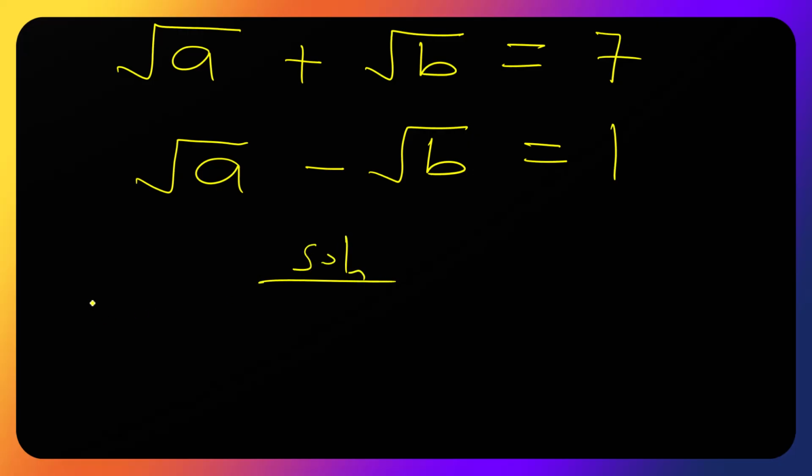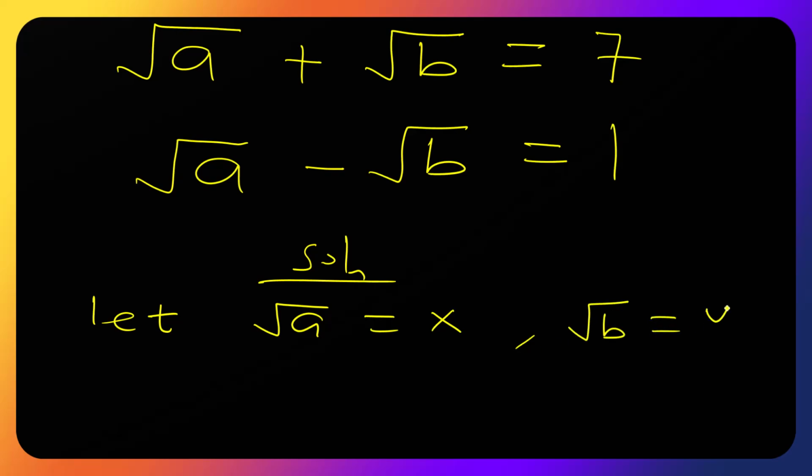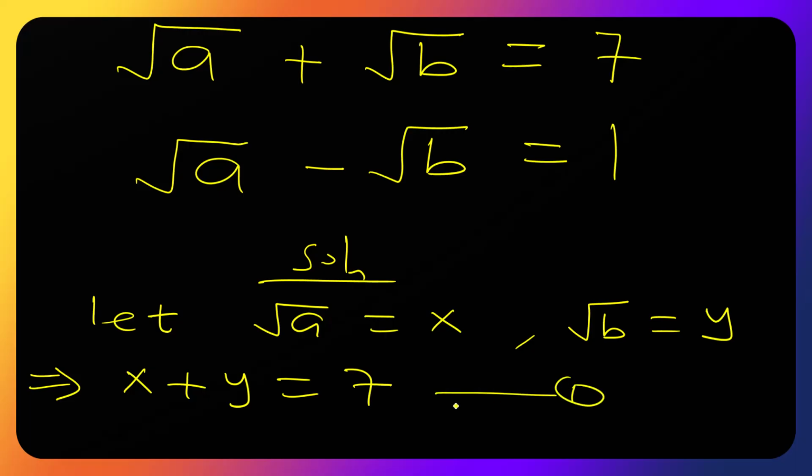So let square root of A be X and that of B be Y. So from here, we can say X plus Y equals 7. Let's name it equation 1. And X minus Y equals 1. Be equation 2.